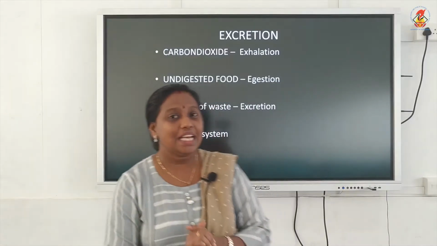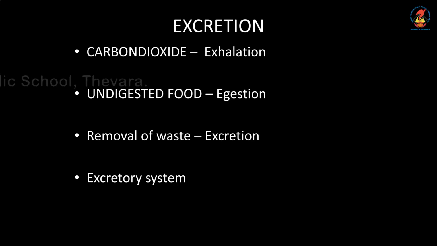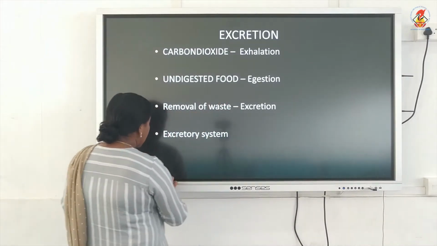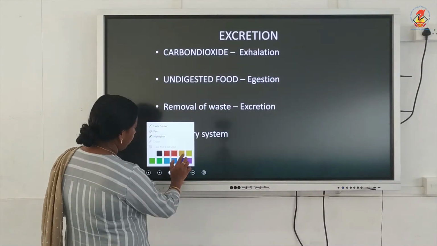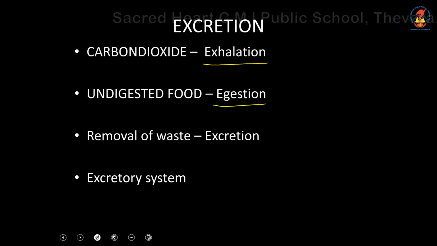Okay children. Now as I told you, carbon dioxide is produced after the process of respiration and you expel out the carbon dioxide by a process called exhalation. Similarly, undigested food in your small intestine, you throw it out from your body by a process called egestion.